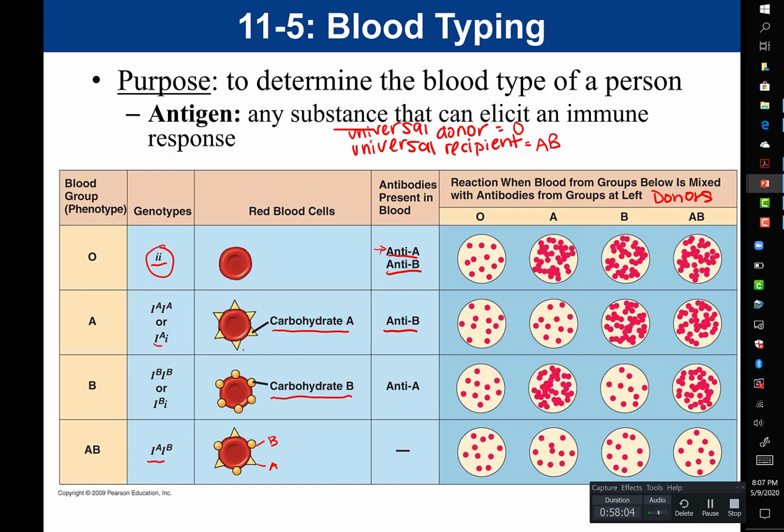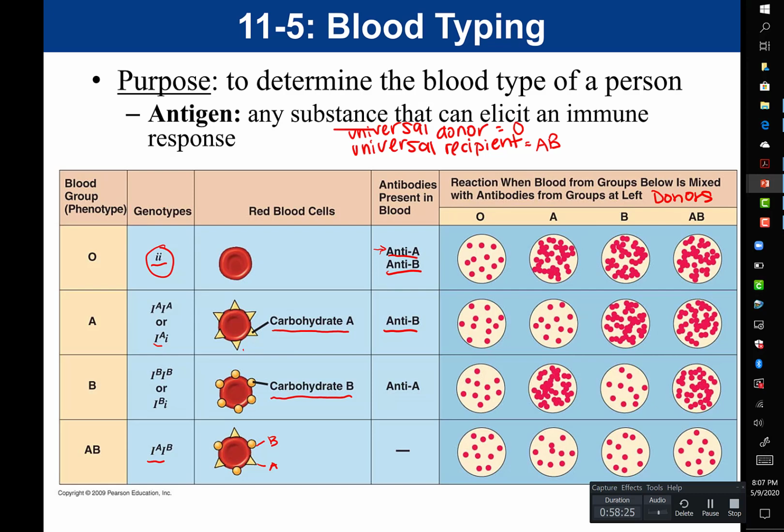O blood is the universal donor. It can give to anybody. Anybody can receive O. But if you're AB, you can only donate to AB. It's the only person that you can donate to, but you could receive any blood. You could receive O blood, A blood, B blood, or AB.